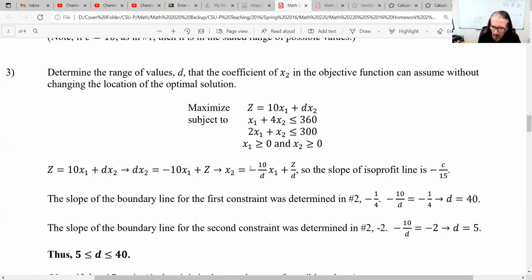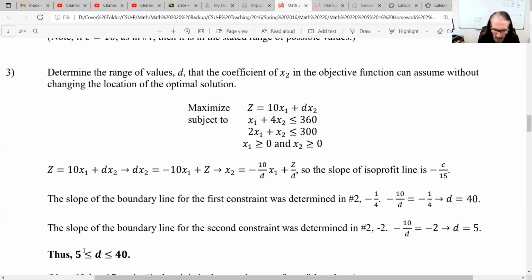So when we set each of those equal to the slope of the isoprofit line, negative 10 over d, solving negative 10 over d equals negative 1/4 for the first one gives us d equals positive 40. And when we set it equal to negative 2, cross multiply, negative 2d equals negative 10. So d equals 5.